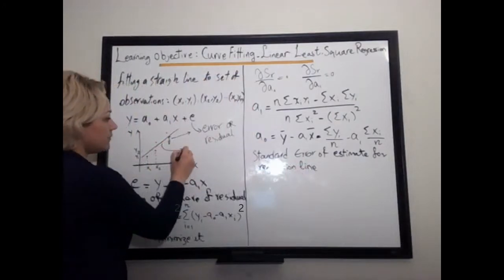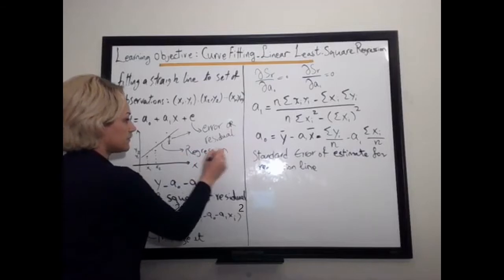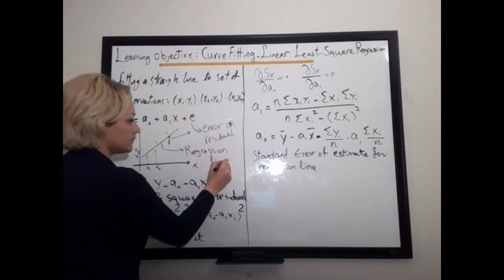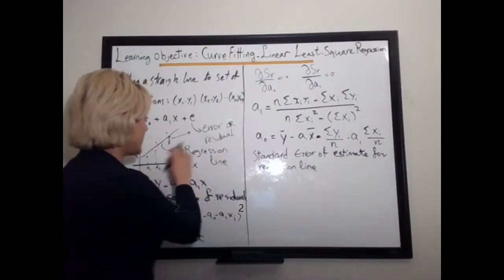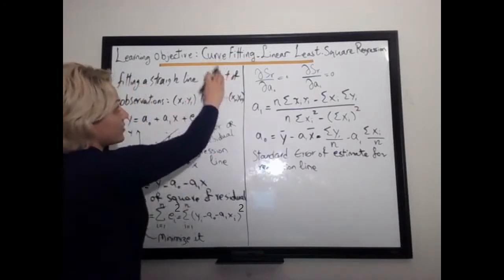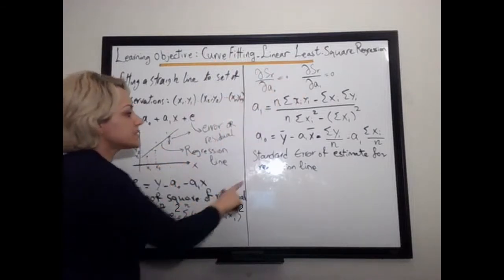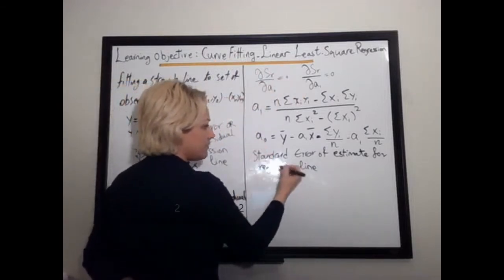So this line here, we call it the regression line. And we call this method, it's written here, in the category of curve fitting, linear least square regression, right?